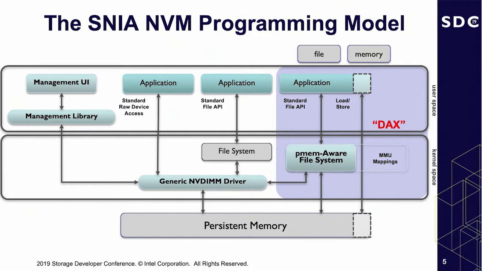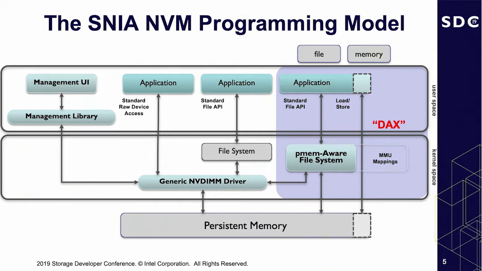We call it DAX for direct access. And that's really where a lot of the research is happening today. That's where the most complex programming is if you want to do it. It's not a requirement. It's something you get to choose to do if you want to really leverage what byte addressable persistence can give you.